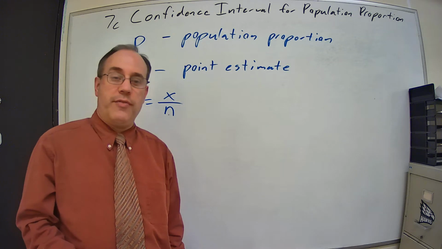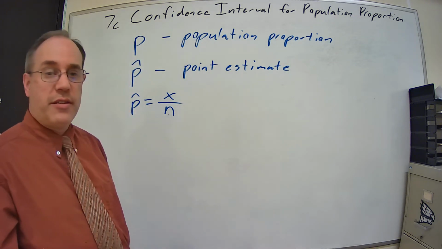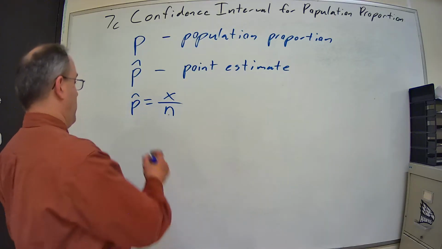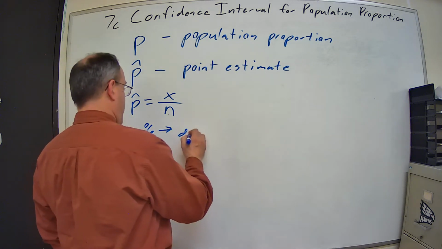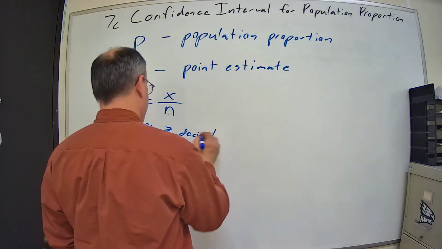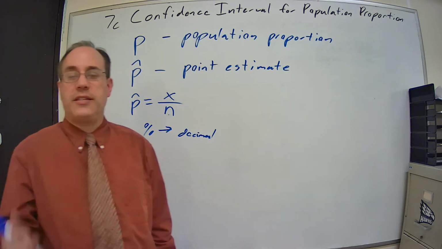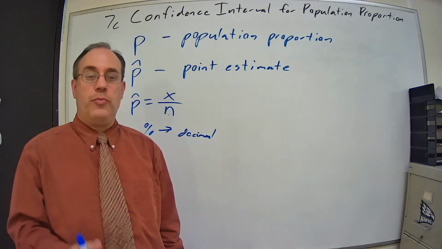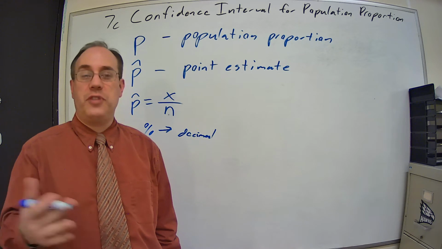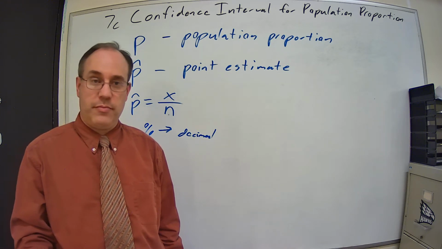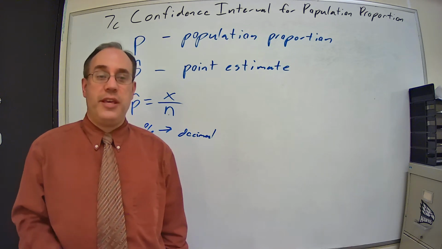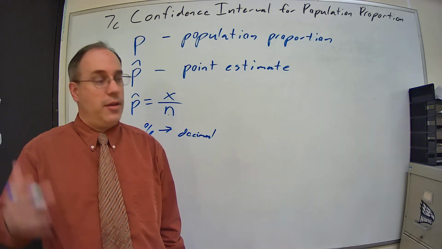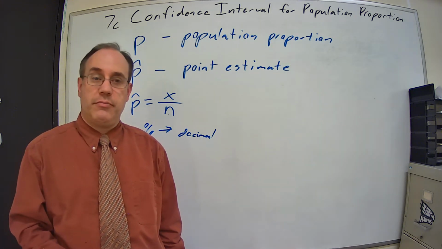Another way it could be given to you is as a percent converted to a decimal. So you could be given a percent and convert that to a decimal. 27% would be a proportion of 0.27. So that's another way it could be given to you. And it could be given to you as a proportion, 0.36.